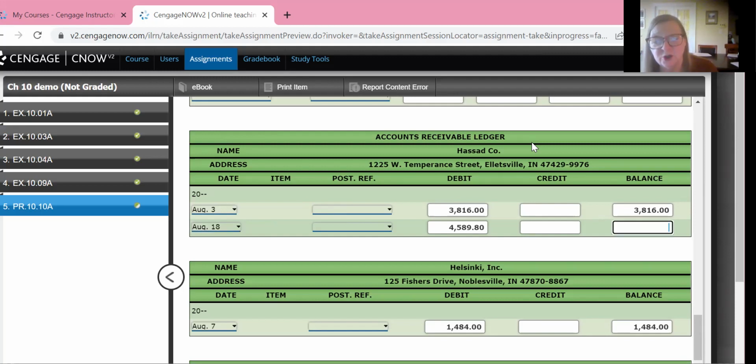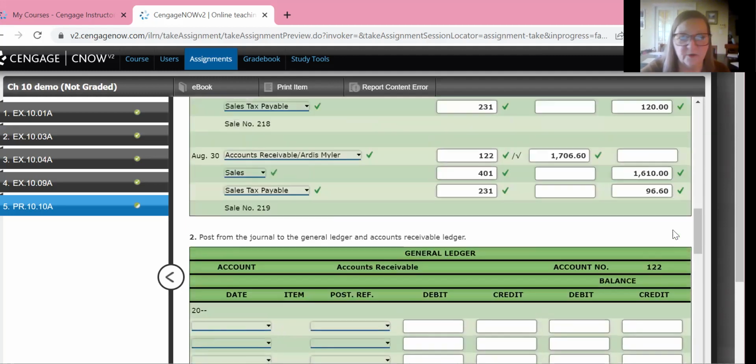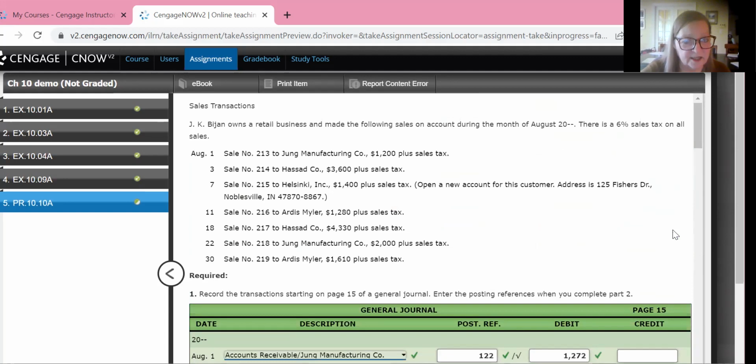So I have to add the two debits together. So the amount he owes now is 84.05.80. That's just the total of 38.16 and 45.89.40. These two debits together equal 84.05.80. Okay, so that was on the 18th.